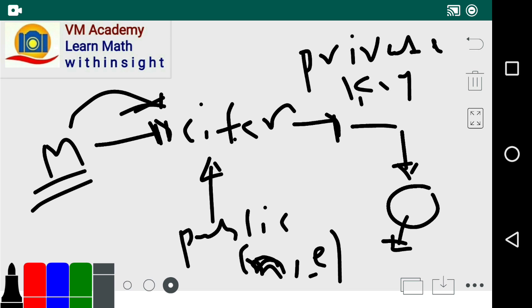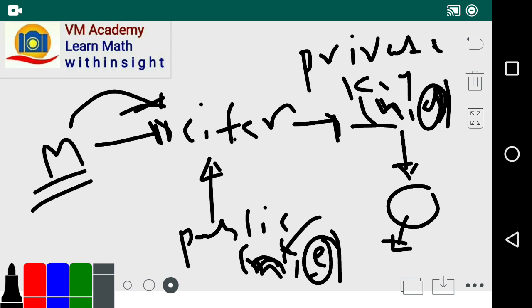The private key is nothing but n comma d. That n is the same number shared, and d is the modulo inverse of e with respect to phi of n.